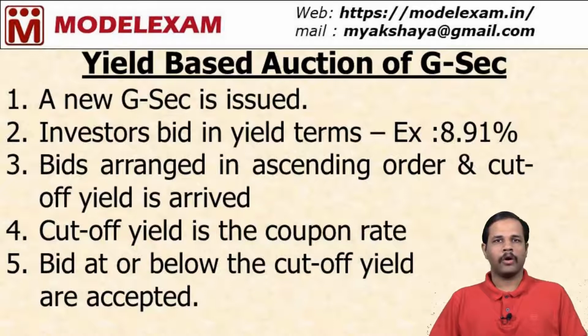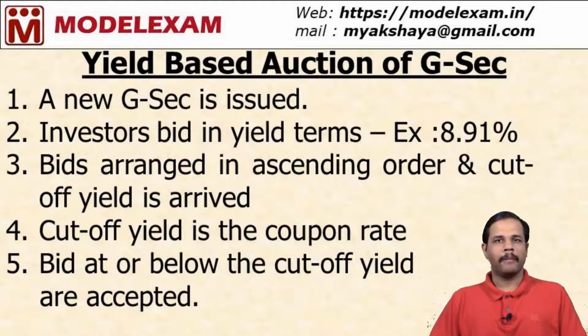Assume you are a borrower and you have two lenders. One lender charges 10% interest, the other lender charges 11% interest. Obviously you will go with the 10% lender, isn't it? So the lower the yield or coupon we demand, the higher the chances of getting allotment of government securities.